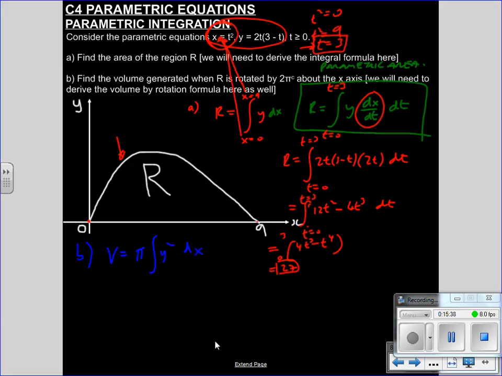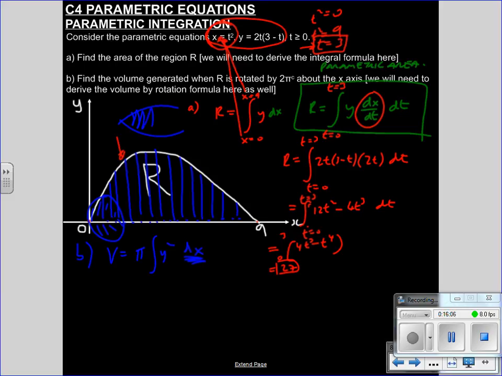Why is that? Because remember, each integration splits up an area into an infinite number of lines. If you rotate a line round an axis, you get a circle. And as you go along the axis, that's what dx means, adding up all those infinite number of circles, you get your shape of the curve spun round.